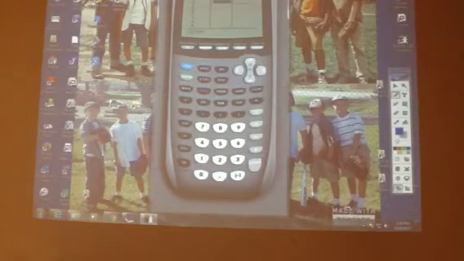Okay, on L2, you need to put in the right side. 2.145. And keep going all the way down.